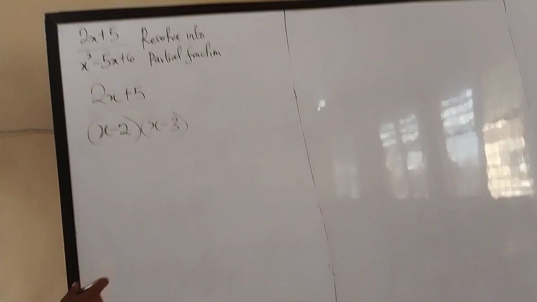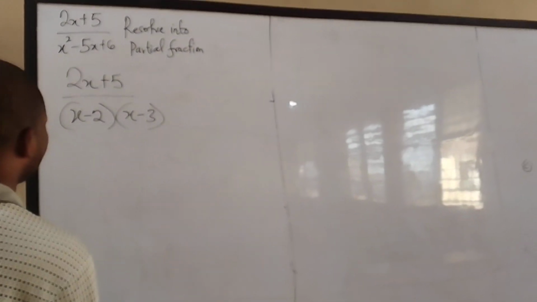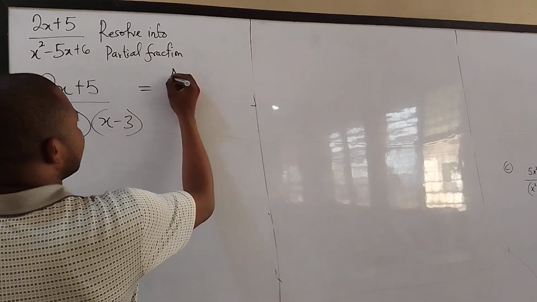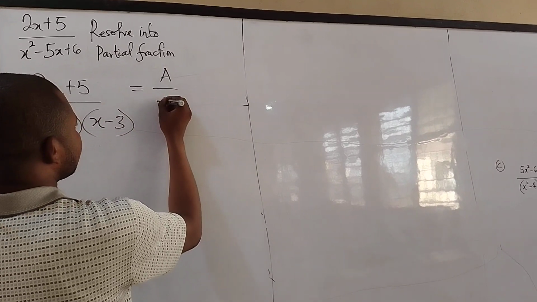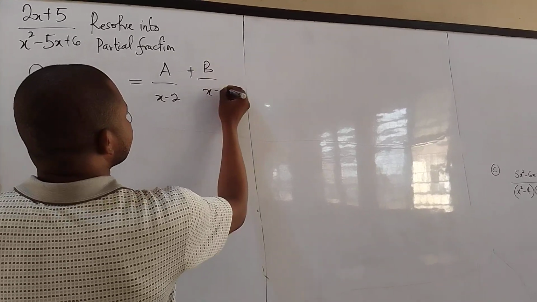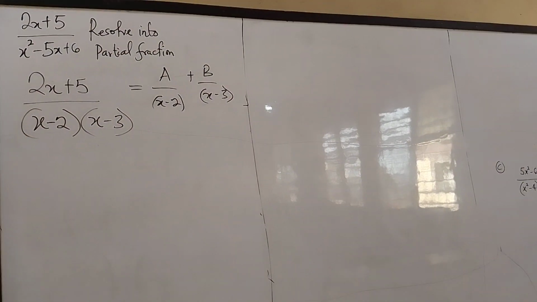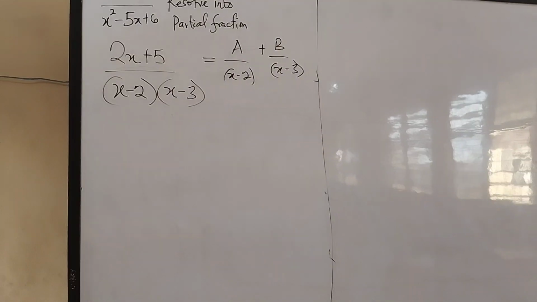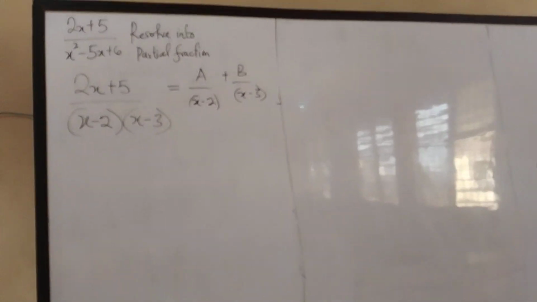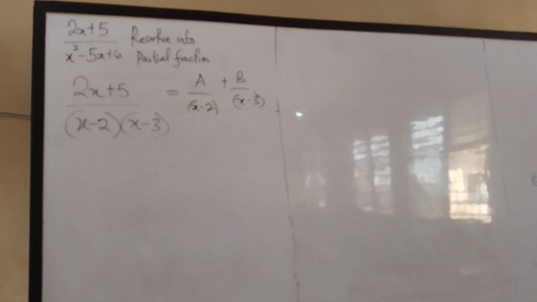So now, resolving it into partial fraction, we're definitely going to have this equal to a over the first factor, which is x minus 2, then plus b over x minus 3. This is what we're going to have. By virtue of this, you're already resolving the rational expression.